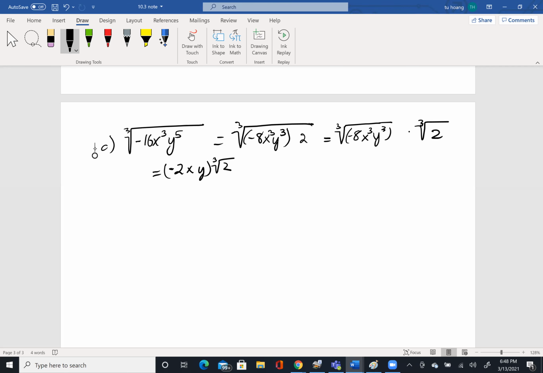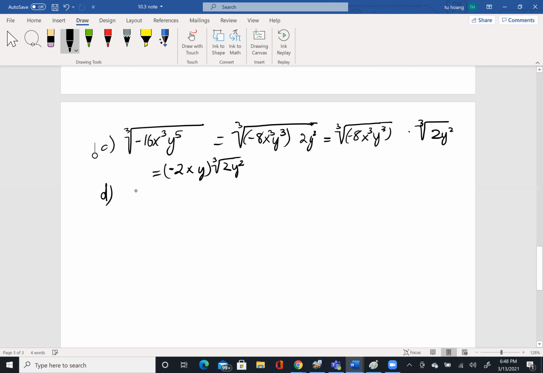Oh, I forgot the y squared, right? Yeah, 2y squared, because here is y squared. y squared multiplied by y cubed is going to be y fifth. Okay, that should be it.